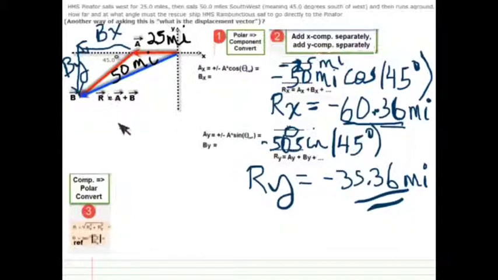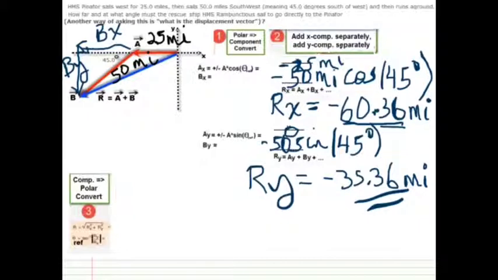The third step: we now have the resultant vector in x and y component form, but while we calculate vectors in component form, we report vectors in 2 or more dimensions in polar form, or magnitude and direction.